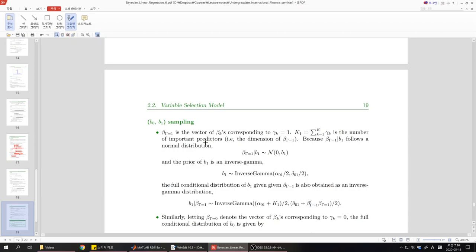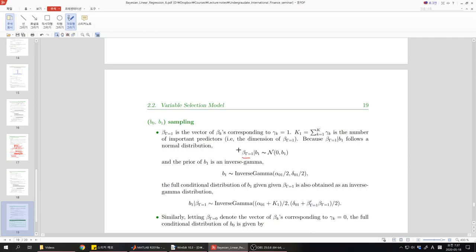So suppose we have 20 regressors, and in the iteration there are 5 gamma k's equal to 1 and 15 gamma k's equal to 0. Then beta with gamma equals 1 is what? This is a 5 by 1 vector. And here this is what? This is a 15 by 1 vector.